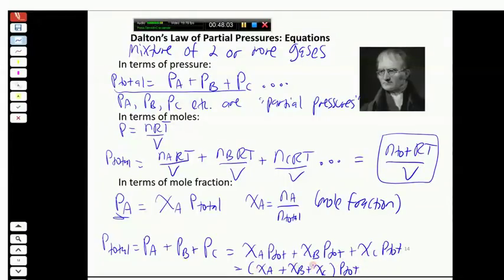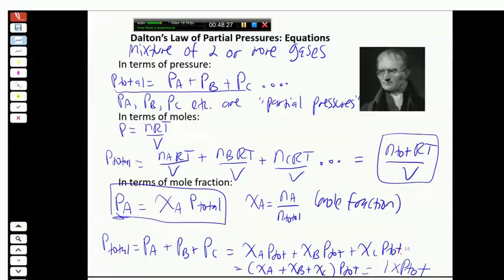And the sum of all of the mole fractions will have to be equal to 1, because in any mixture, the sum of the fractions of the mixture equals 1, and so this would just be equal to 1 times total pressure. So this is kind of a roundabout way of hopefully convincing you that this relationship works, but this is the form of Dalton's Law that we're going to use most often. The partial pressure of a gas in a mixture is equal to its mole fraction times the total pressure.